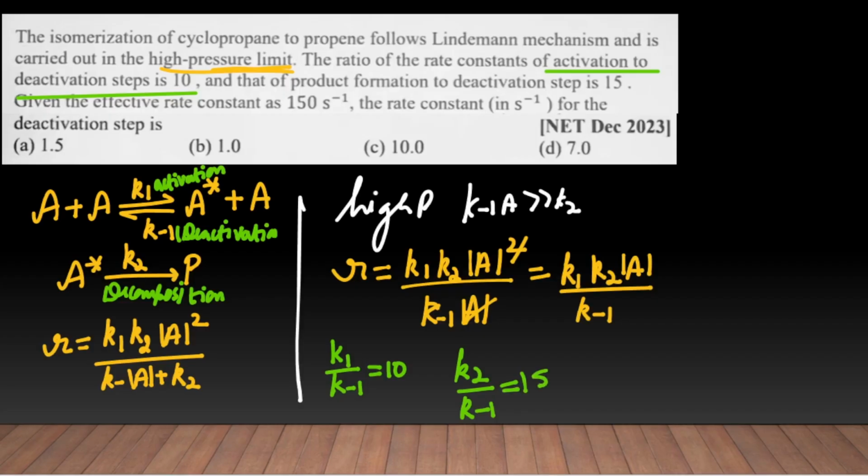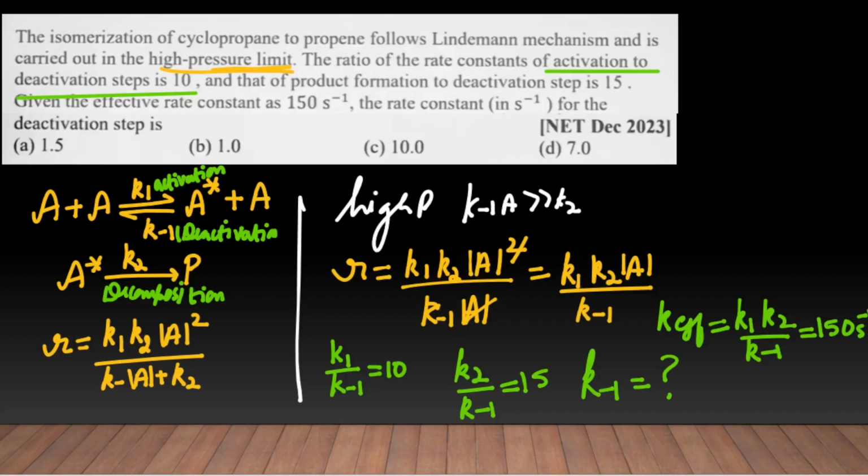Given that the effective rate constant is 150 second inverse, the exact value of K inverse is being asked. The effective rate constant is K1 into K2 upon K inverse, which is 150 second inverse, after imposing the condition.